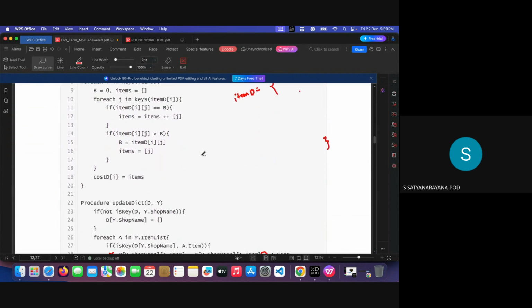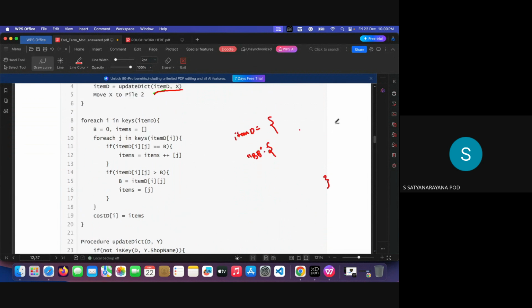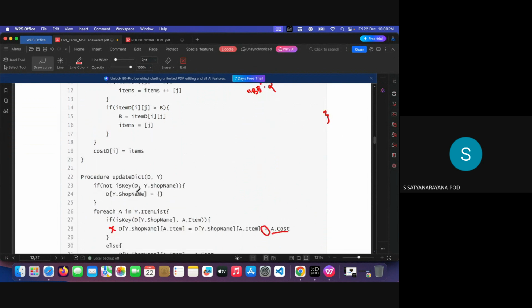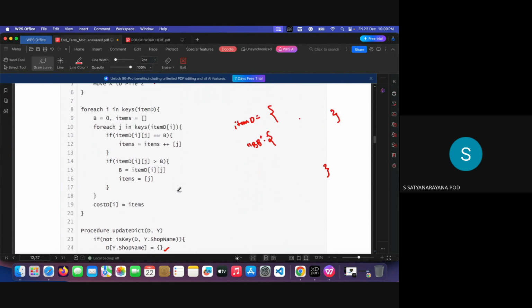Does Big Bazaar exist? No. Definitely a new key is created, Big Bazaar, and this is created with another empty dictionary. Because it is a new shop, the not-key condition is executed. A new empty dictionary is created because of the nested dictionary. Item D is a dictionary, and inside it another dictionary is created.